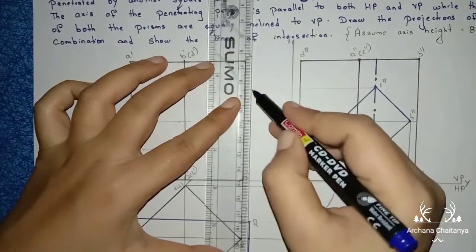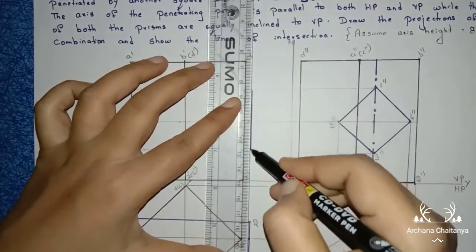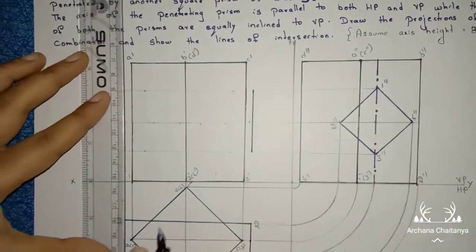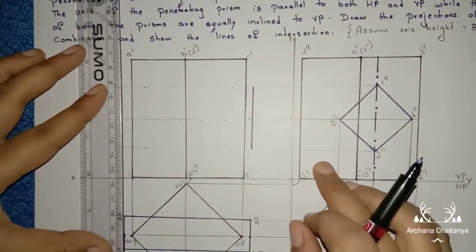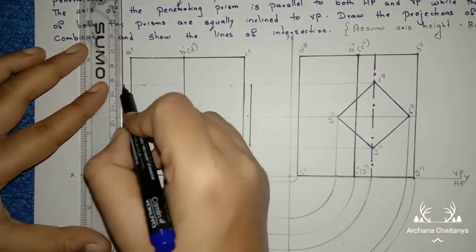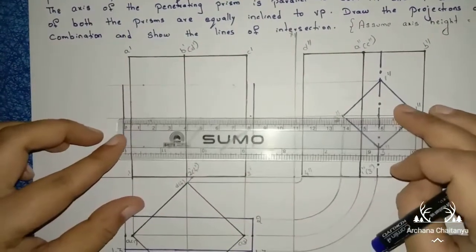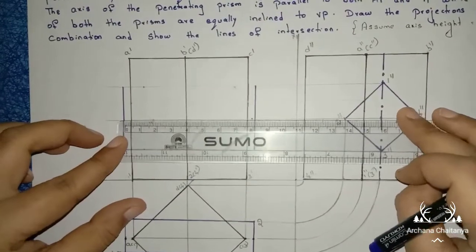From this point join this one. Again from this point, this height, join this one. Now see here, the total is 80.